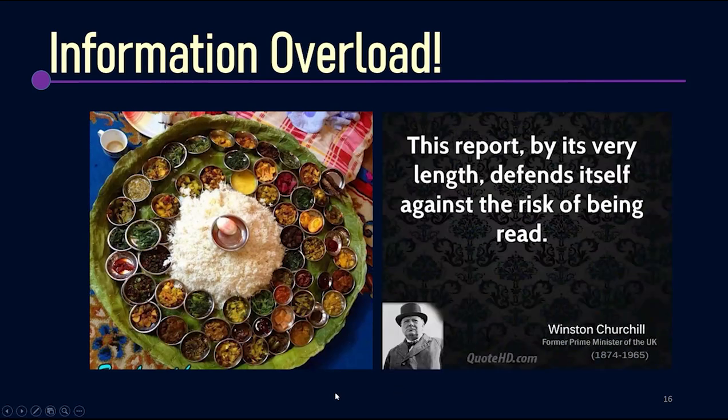And this is beautifully said by Winston Churchill, the former prime minister: This report, by its very length, defends itself against the risk of being read. How beautifully said. And you have to always remember these things.